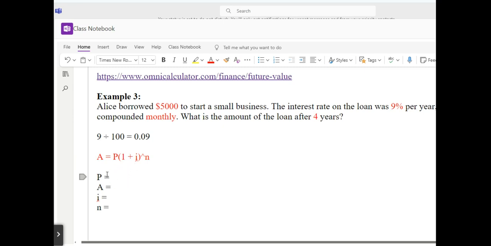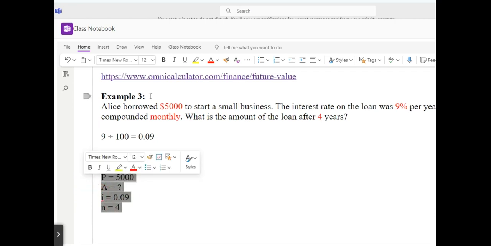And so remember, the P value is what we start with. So we are starting with 5,000. We don't know how much money we're going to get at the end, so we'll put a question mark. The interest rate is going to be the 0.09, and the end value is going to be the amount of the loan, or how many years it's going to be. So this will be 4.